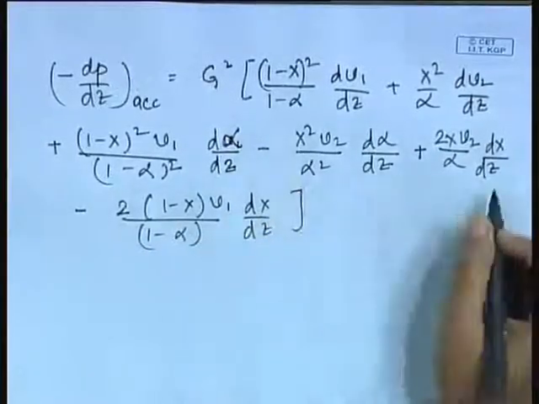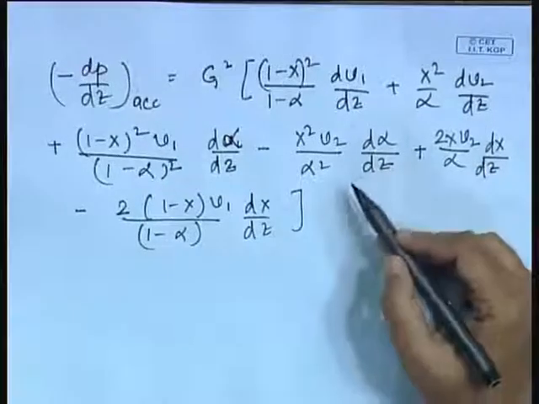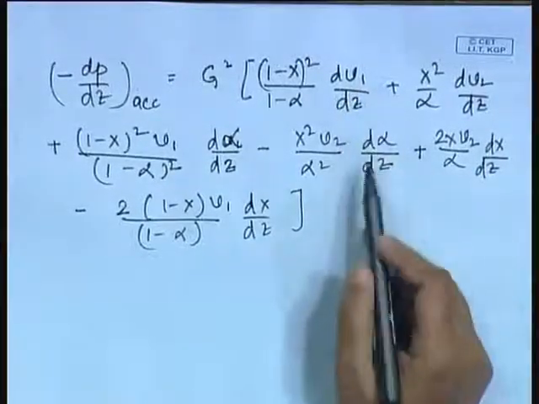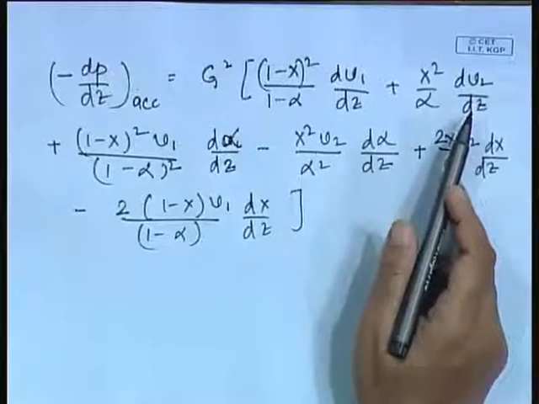So, therefore, there are 2 dx dz terms, 2 d alpha dz terms and 1 dv1 dz and 1 dv2 dz. This is all. Okay.